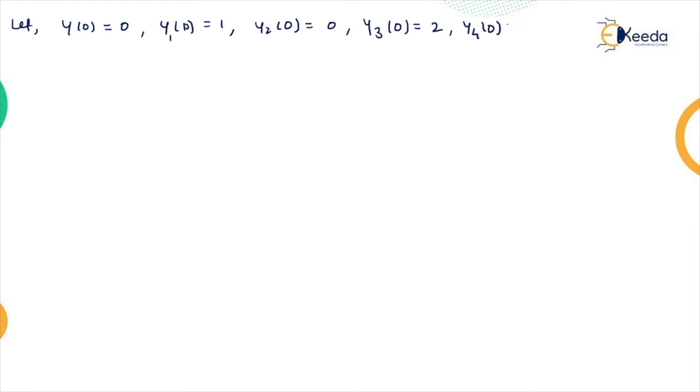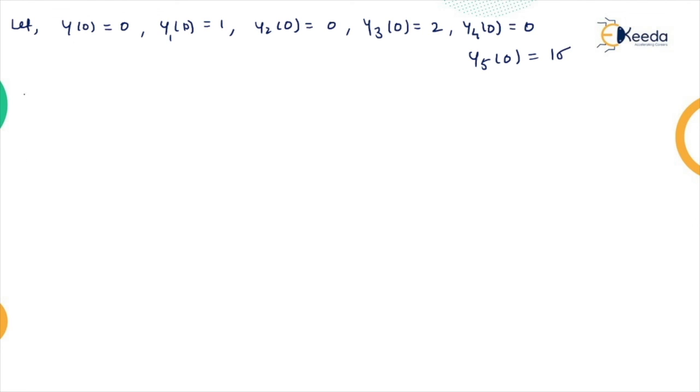I'm writing here: y of 0 is equal to 0, y1 of 0 is 1, y2 of 0 is 0, y3 of 0 is 2, y4 of 0 is equal to 0, and y5 of 0 is 16.